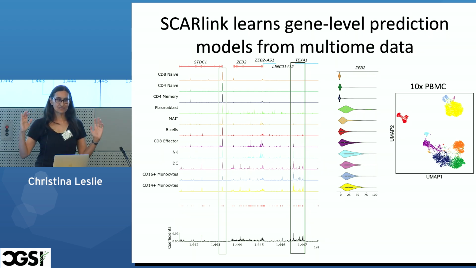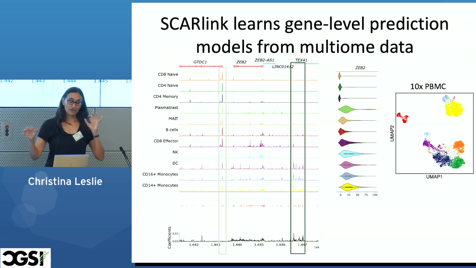So it's just a very simple way of learning a model where you're taking all the information at once, right? Not pairwise correlation, but a regression model. And you're getting a model of how that gene is regulated. What are the accessibility events that are important?